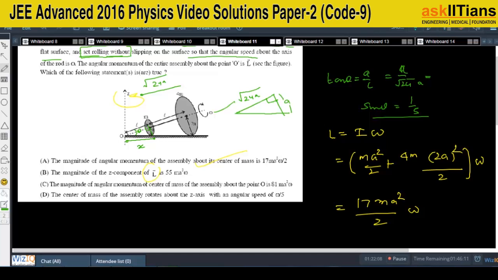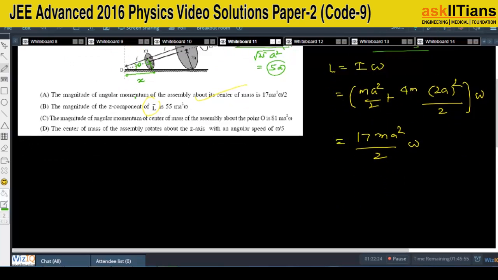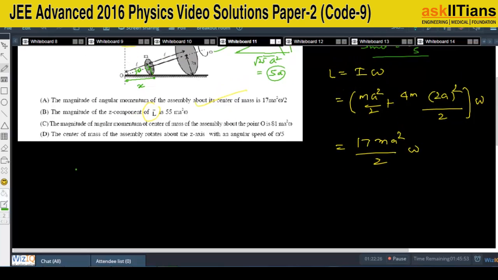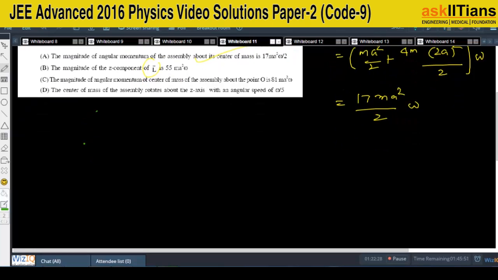This is a right angle triangle, so using Pythagoras theorem, x is equal to √25 a², so x is equal to 5a.